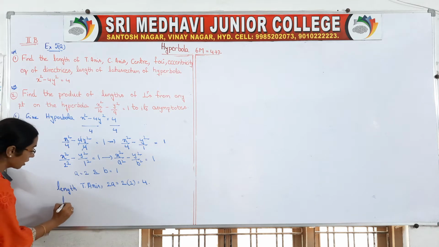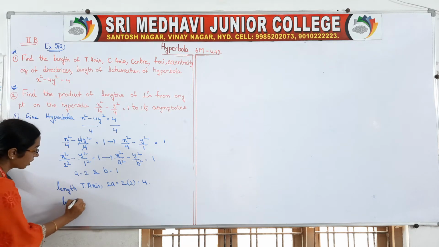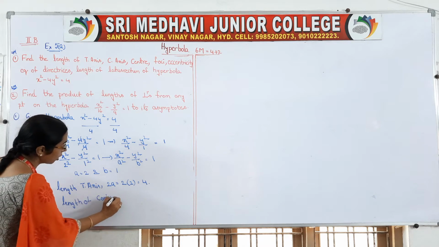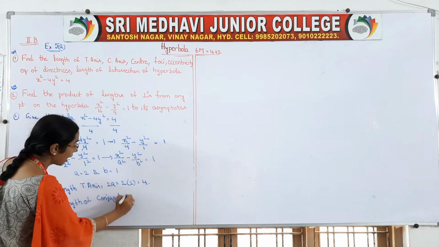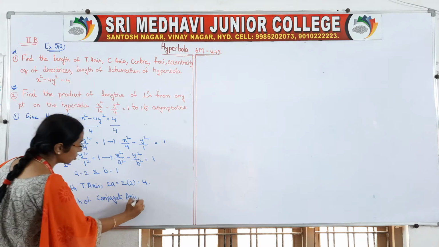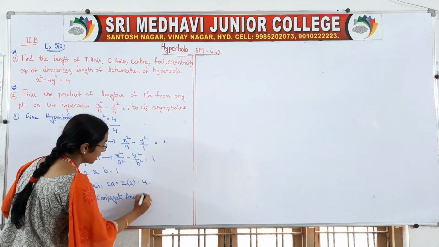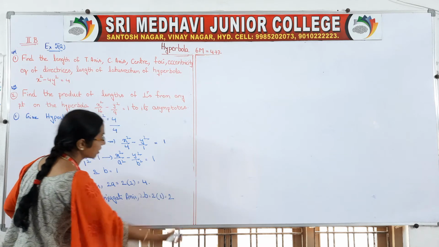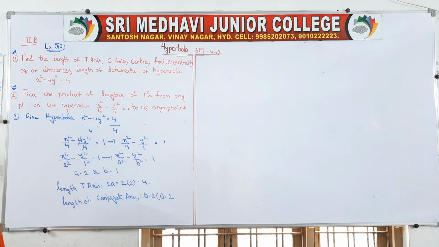Next take the length of conjugate axis. It is 2b, which is 2 into 1, that is 2.